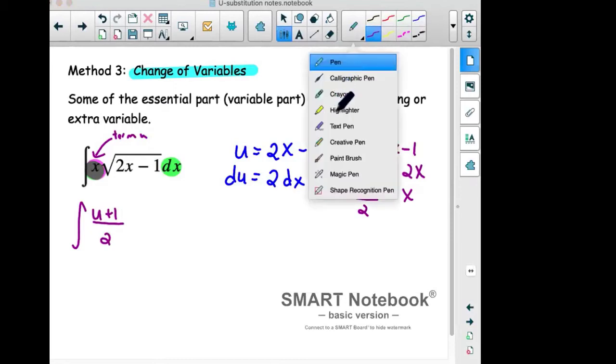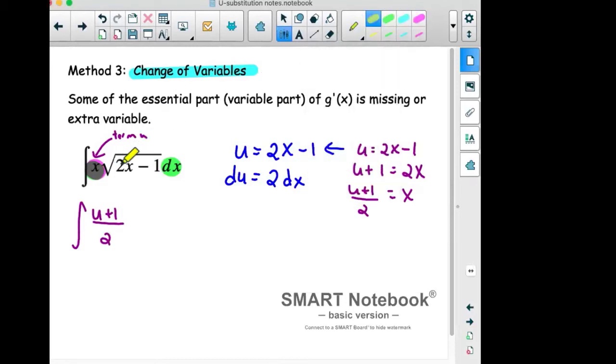And then I can replace my inside function, u squared minus 1, with u to the 1/2. Just rewriting that radical as a fraction power. But then I'm still stuck here. I got dx. So I'm going to do like we did before in that last method. I'm going to rewrite this so that dx is by itself. That means I need to divide by 2.